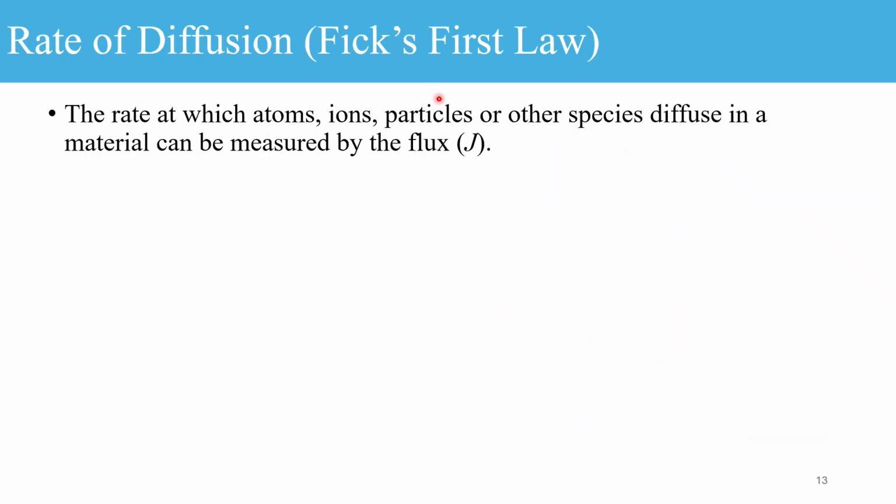The next topic is rate of diffusion, which is given by Fick's first law. The rate at which atoms or ions diffuse in a material can be measured by flux, which is written as J, and flux can be calculated with Fick's first law, which quantifies steady state flow.